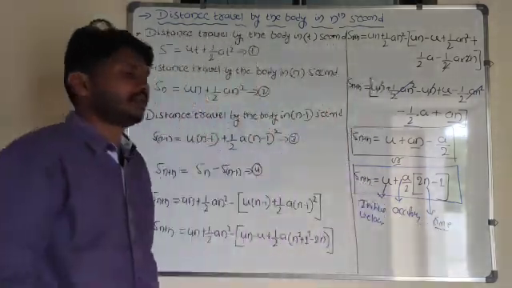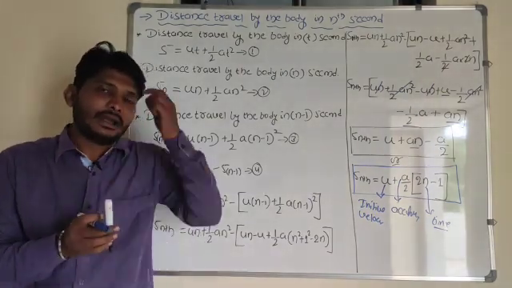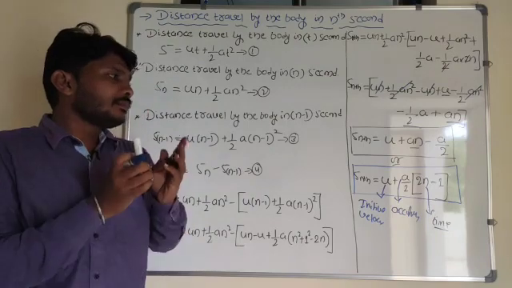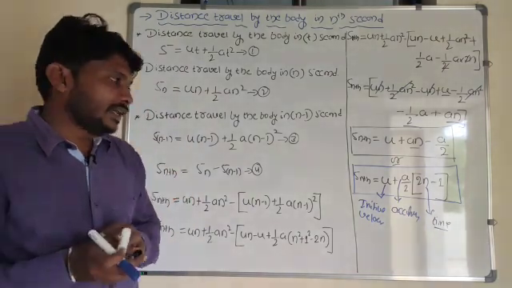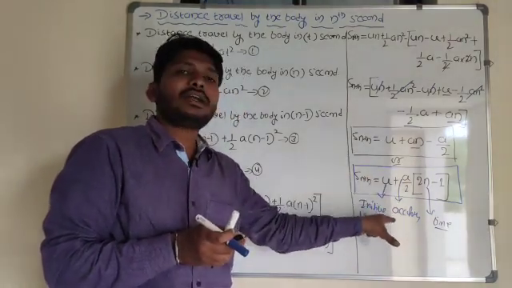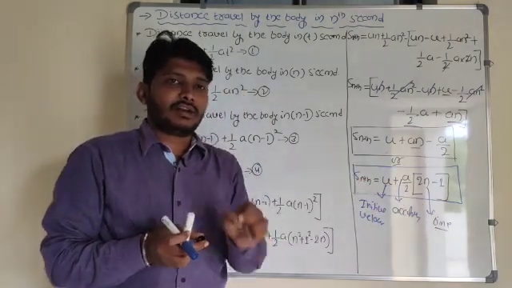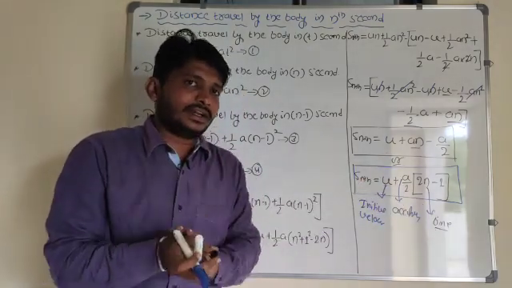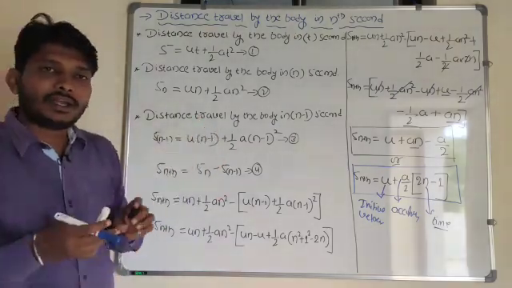For example, they will give a question like so: find the distance traveled by the body in nth second. If they give the initial velocity value and the acceleration of the body, I can easily find the distance traveled by the body in nth second. So hope you understand this about distance traveled by the body in nth second.